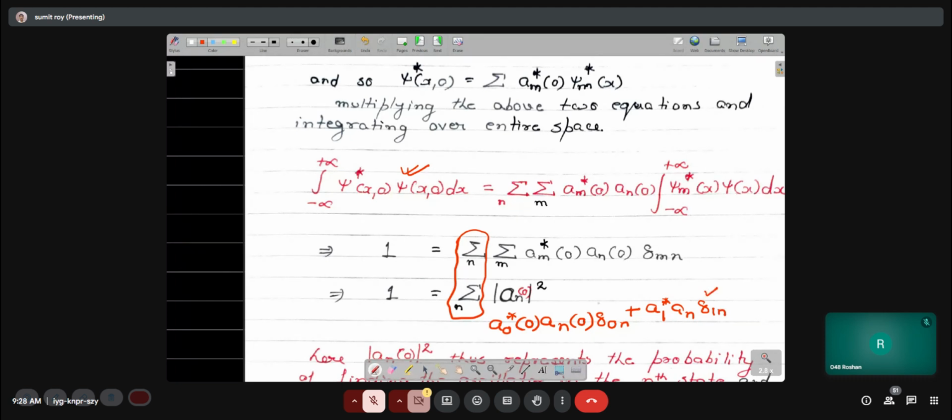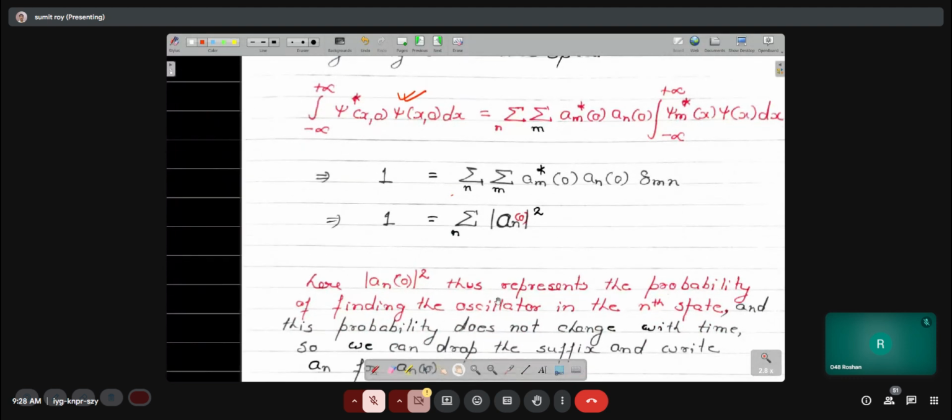All these terms will become 0, and again only that term will survive when m is equal to n. So am I writing a_n conjugate then a_n into 1? Yes, sir. a_n conjugate into a_n is mod a_n square. So mod a_n square and the running index n is still left with.